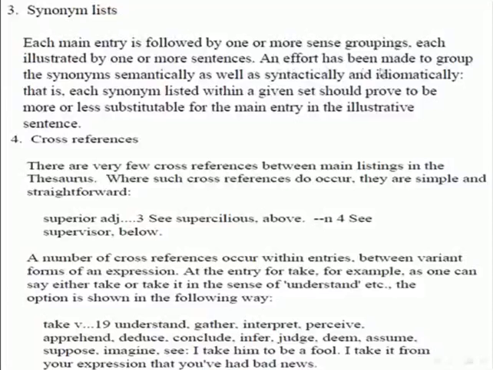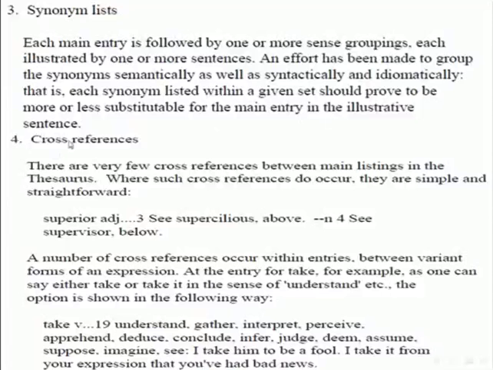An effort has been made to group the synonyms semantically as well as syntactically and idiomatically. That is, each synonym listed within a given set should prove to be more or less substitutable for the main entry in the illustrative sentence.